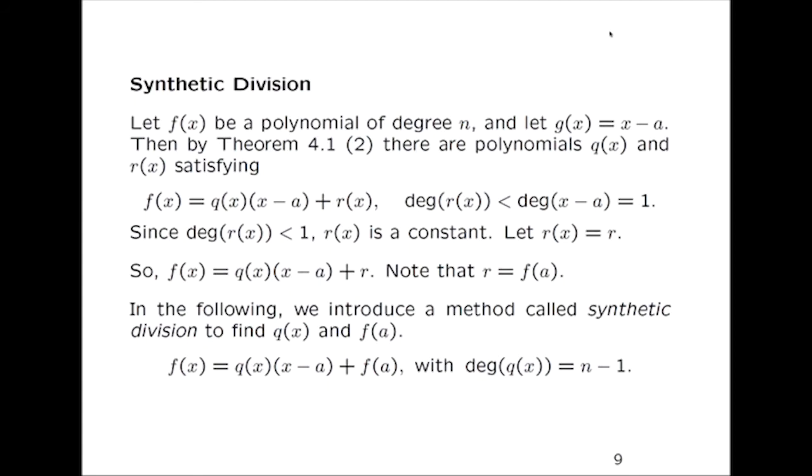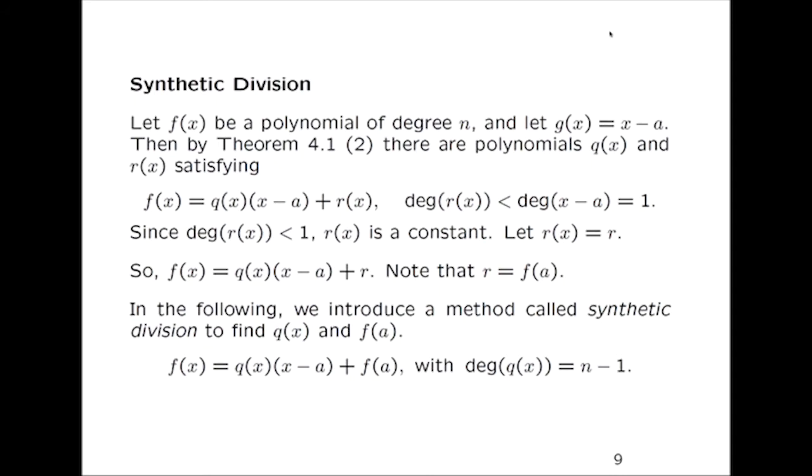But this one is more convenient if you want to divide that polynomial by x minus a type, degree 1 polynomial. And we are going to use it later, so I want to introduce this one. Okay. So for some of you, it's just a review. Okay, but I want to introduce it.